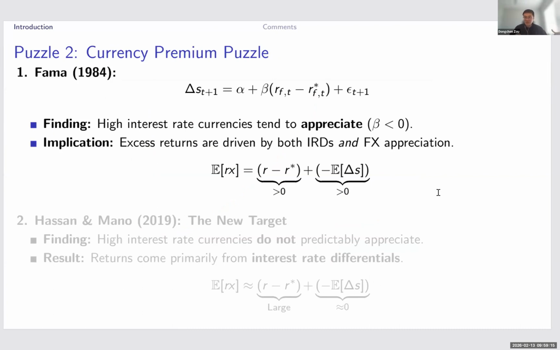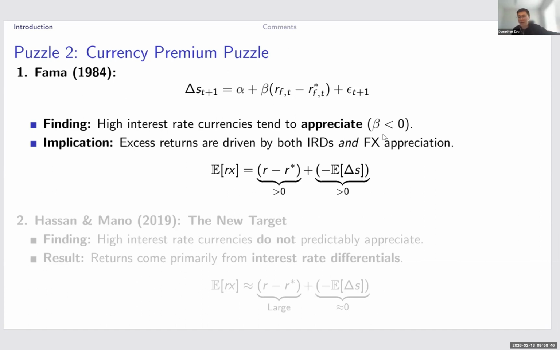So the second puzzle here is going to be the currency premium puzzle. It all started from Fama, who talks about this forward premium puzzle. When we run the regression with domestic currency depreciation on the left-hand side and the risk-free interest rate differentials on the right-hand side, by UIP, uncovered interest rate parity, we will assume that this beta is exactly equal to 1.